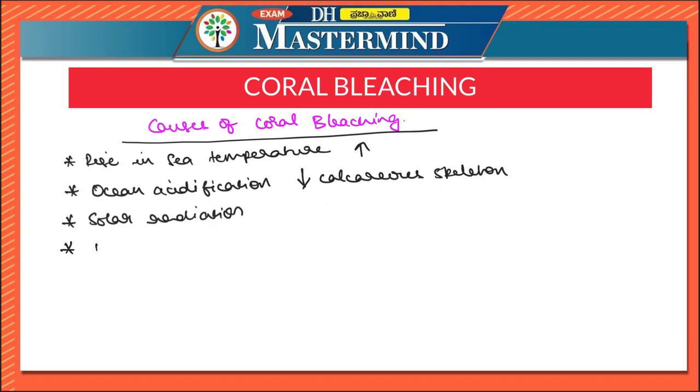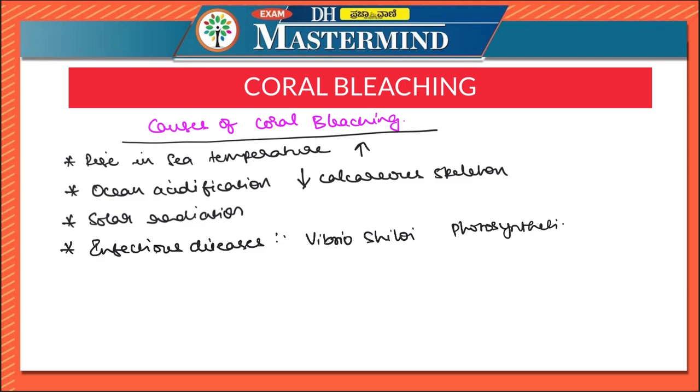The next very important thing is infectious diseases. Penetration of a bacterium like Vibrio shiloi. Please remember, Vibrio shiloi is a bacterium. They might ask, is it a virus or a bacteria? This Vibrio shiloi, which is a bacterium, inhibits the photosynthetic activity of the zooxanthellae.